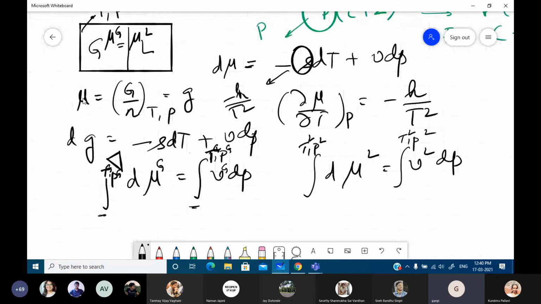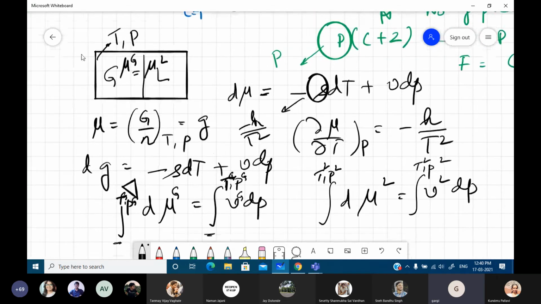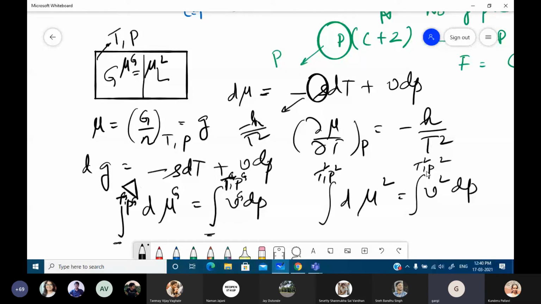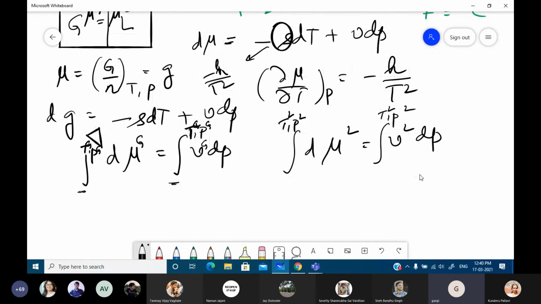Normally we assume that thermal and mechanical equilibrium is there, for which we can assume Tg equals Tl and Pg equals Pl. If they are not equal, then we have to come up with additional equations.